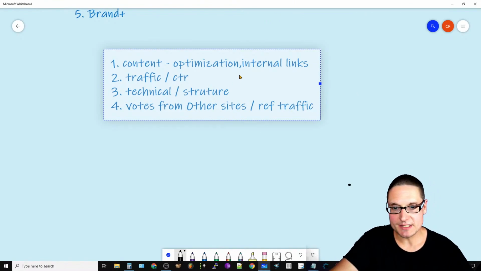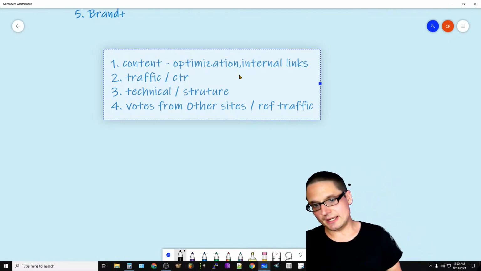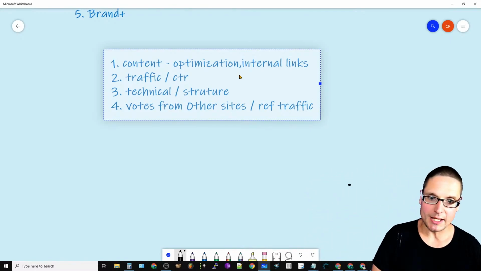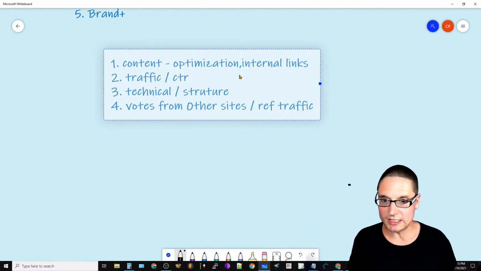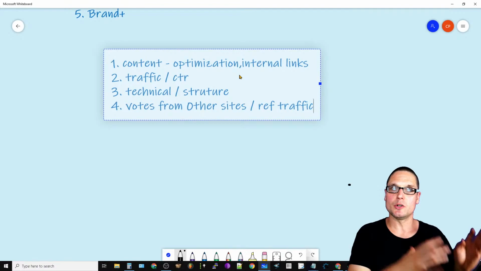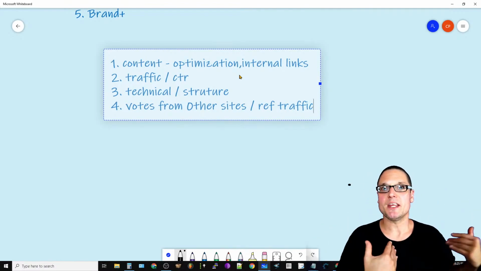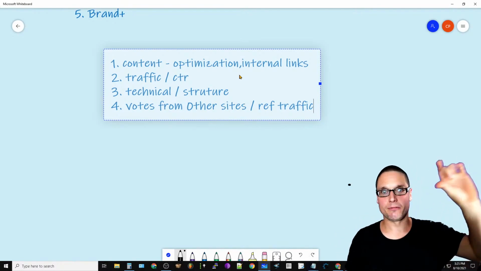Content is certainly number one. You have to have the words on the page in order to rank it. It has to be properly optimized with proper internal linking. The traffic and the CTR, definitely number two. A user signal: is it giving the information? Is it serving its purpose based on the content that you've written?